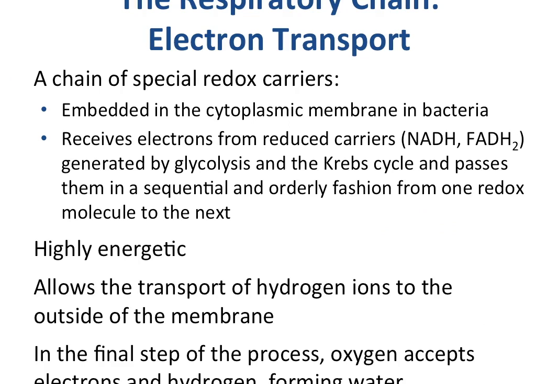Now let's talk about the respiration chain. So this is a major step to make the energy, okay. So this is the chain of special redox carriers, okay. So the chain units are embedded in the cytoplasmic membrane, okay, in the bacteria, okay, and also in eukaryotes.